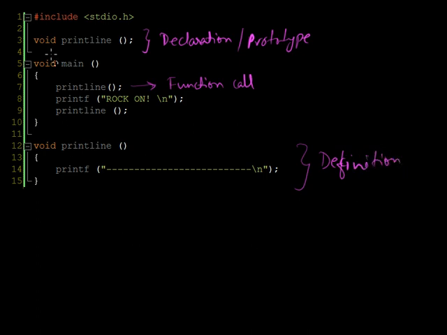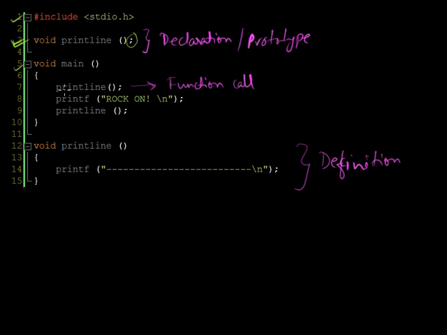Okay, now let's try to determine how this program ran line by line. So first of all, it included the standard input output header. Then it understood that yes, there is a user defined function print line that returns nothing, that returns void. And remember, this semicolon is very necessary. Then our main function got executed.